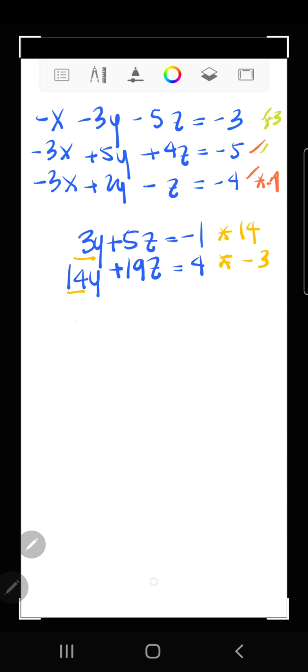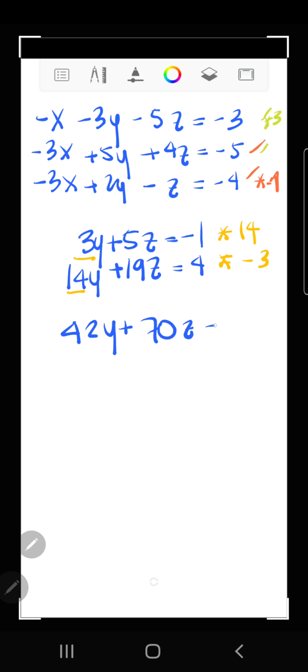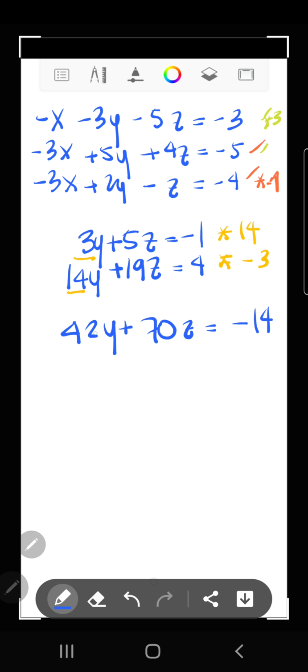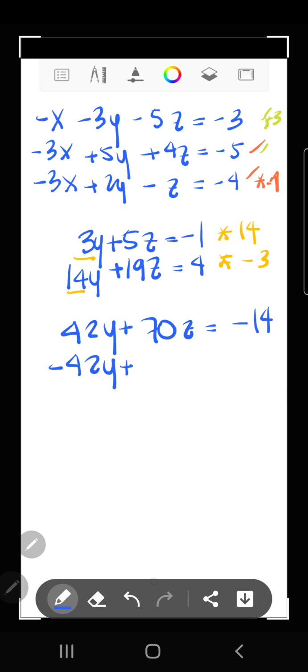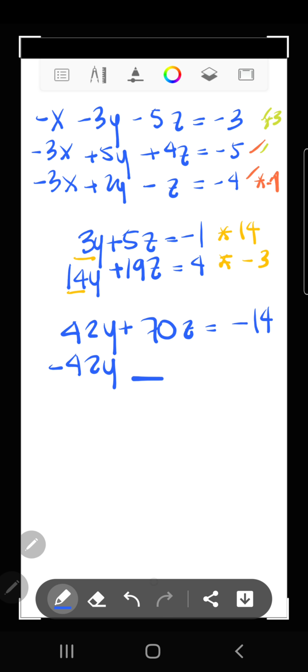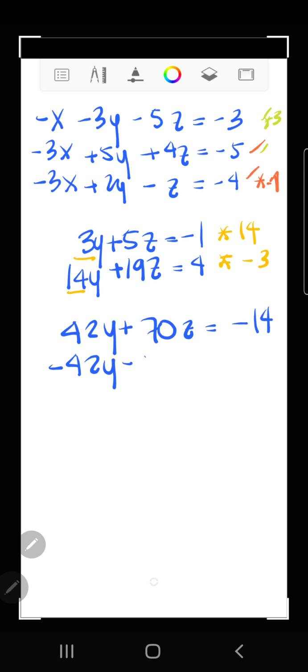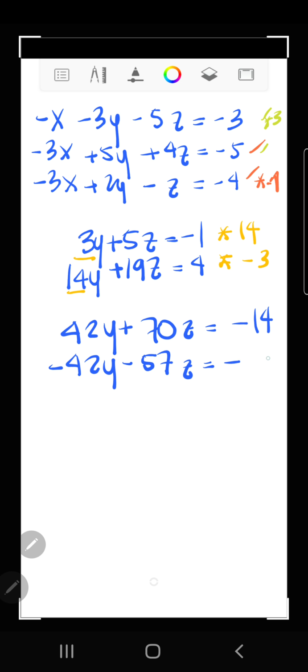3 times 14 is 42y, plus 5 times 14 is 70z equals negative 14. 3 times negative 3 is negative 42y, plus 19 times negative 3 will be negative 57z, and 4 times negative 3 is negative 12.